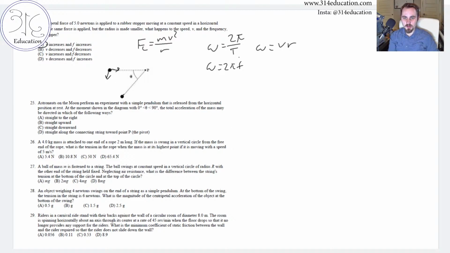So then we come around here. Now the tension is taking a lot of the weight, but we still also have some net force downwards. That being said, this is making circular motion, so we expect the net force, therefore the net acceleration, to be pointing up and to the right, along the connecting string toward point P. That looks good.